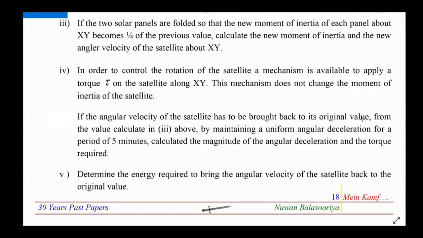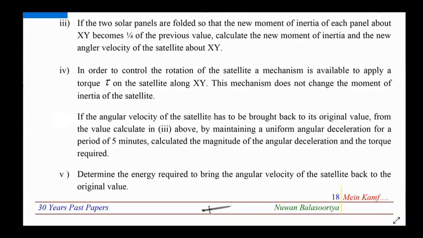The new angular velocity is 0.931, so the angular velocity has increased. So we apply a torque. Actually, it should be a braking torque because it reduces the angular velocity from 0.9 to 0.6 something.